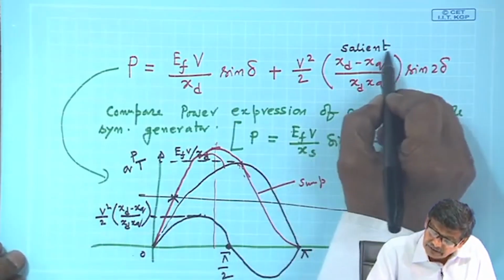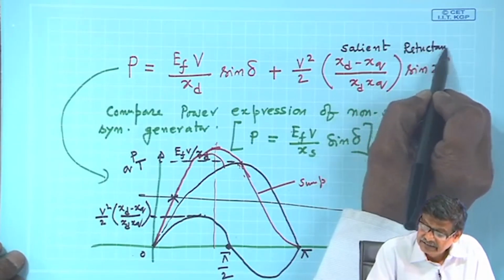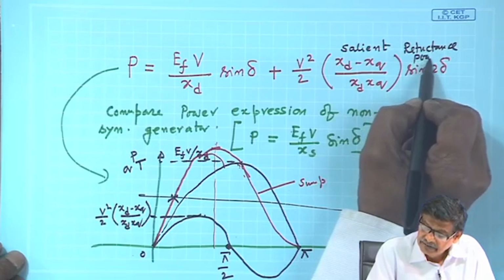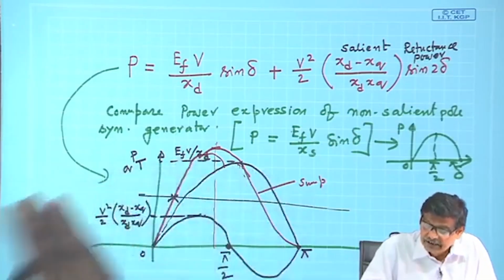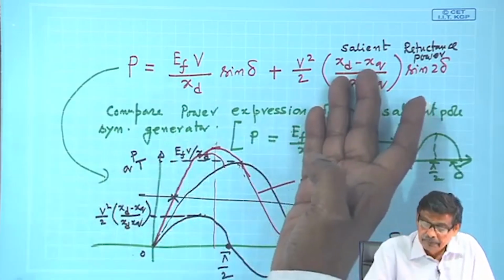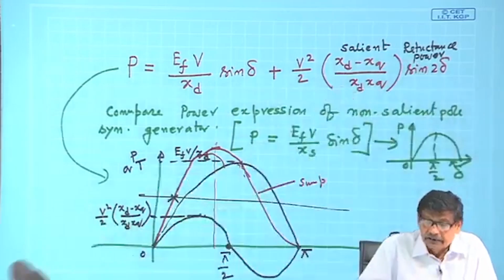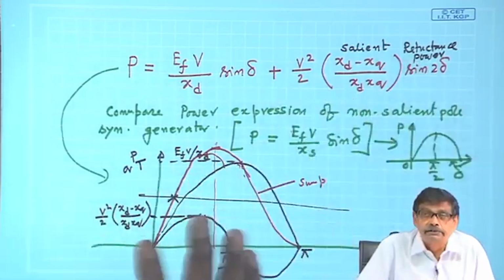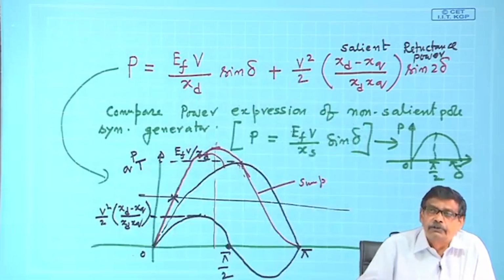It is called reluctance power or torque. It is because x d and x q are different that you are getting this term. And this power does not depend on excitation E f. No E f is there; V is the terminal voltage, the bus voltage.